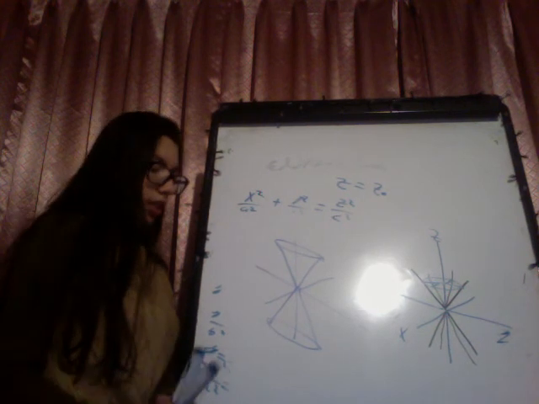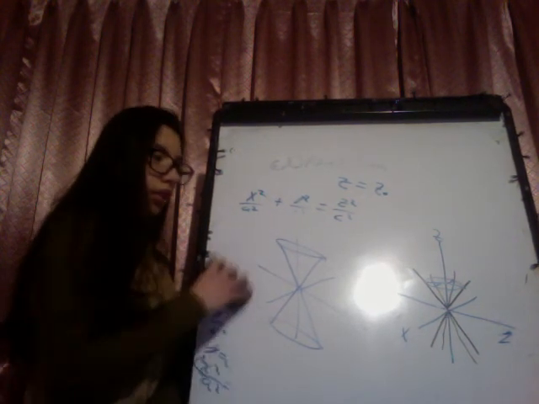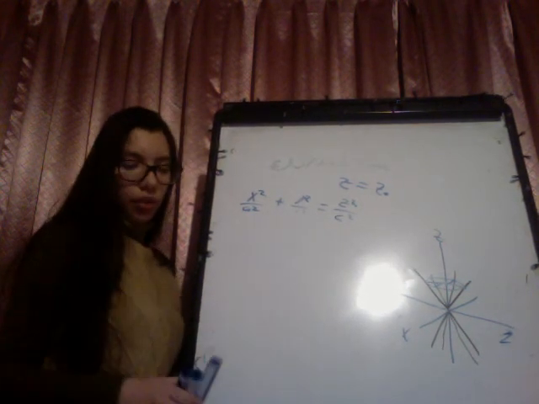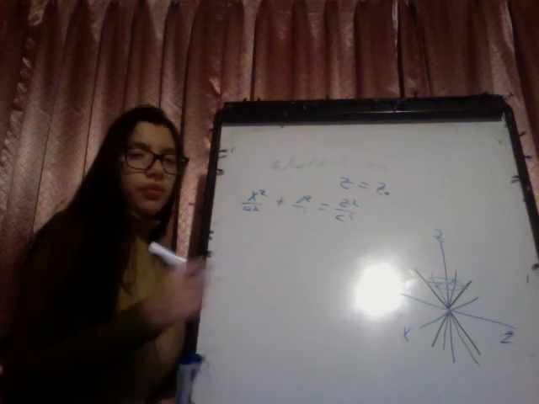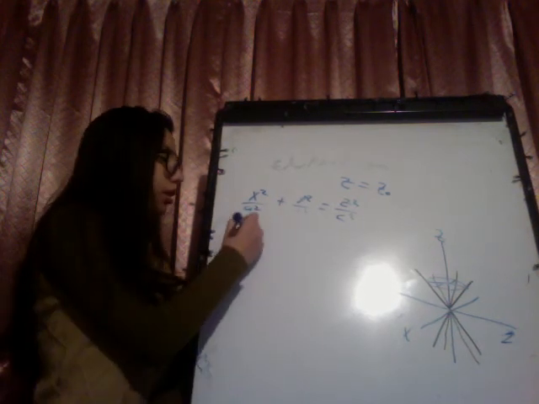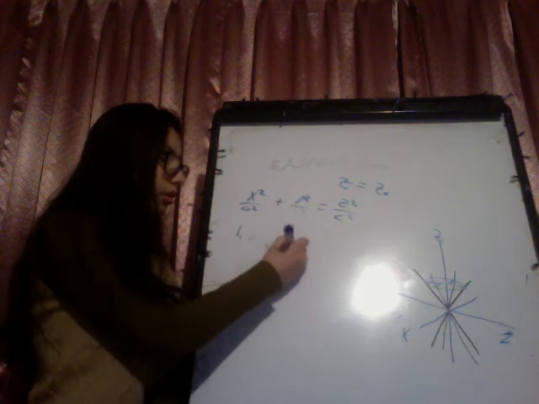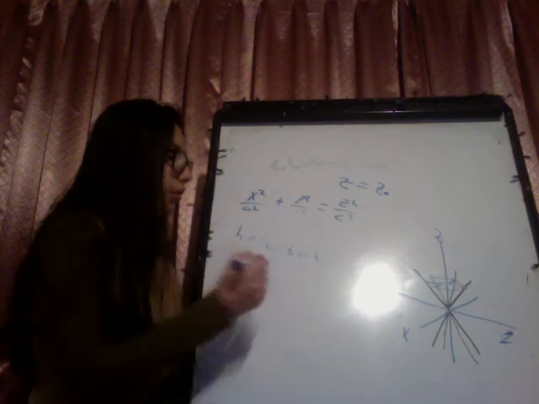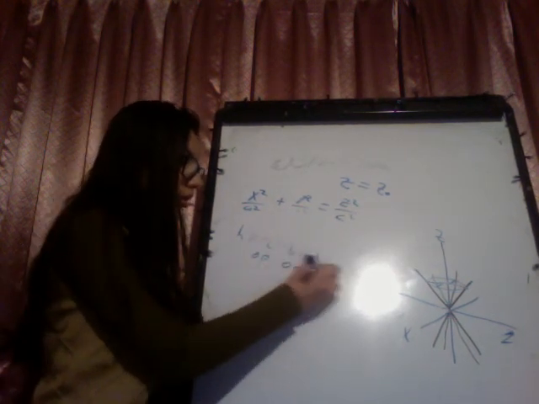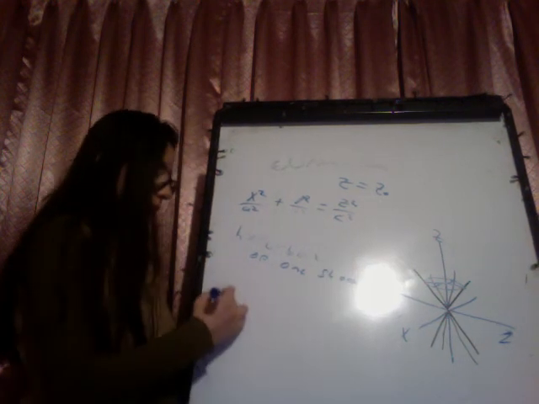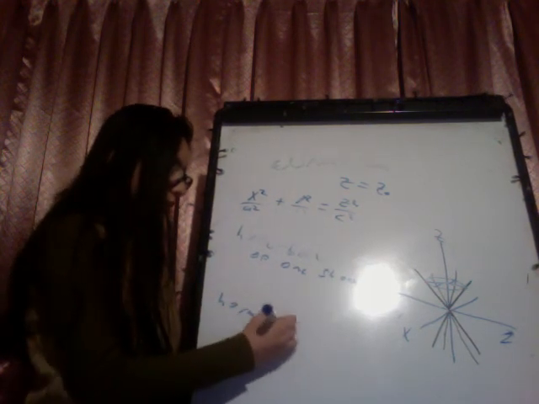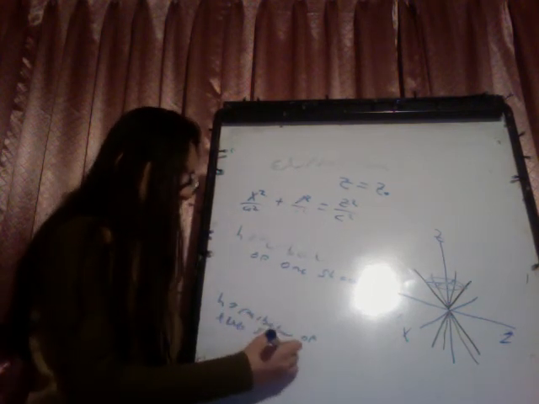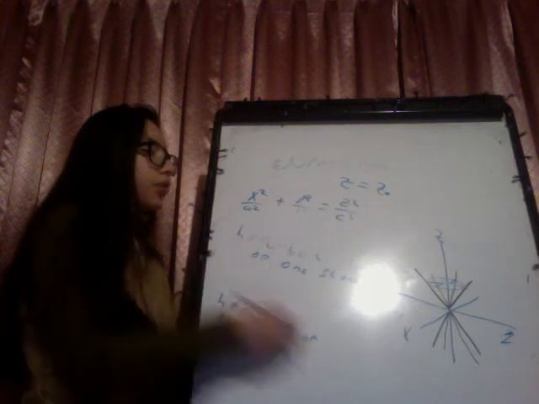The interesting thing is that, I don't know if you already saw the video or if you are going to see the video, depending on which one was first, but the hyperboloid of one sheet and the hyperboloid of two sheets both are asymptotic to the elliptic cone.